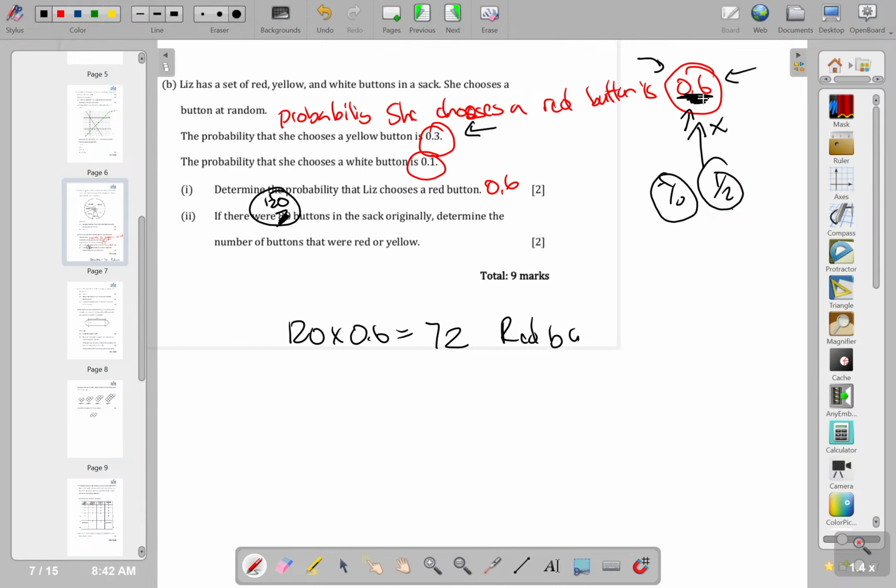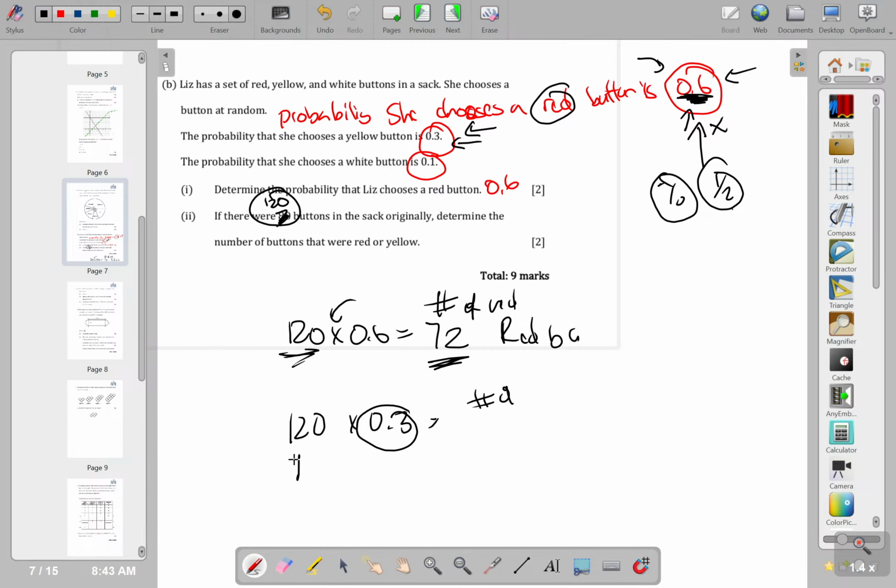So 60% or 0.6 is the probability. That means 0.6 needs to get applied, multiplied, to the total. That's going to reveal the number of objects that are that. So this was the probability of a red button, and this is going to give me the number of red buttons. So 120 times 0.3 will give me the number of yellow buttons, because I'm applying the chance onto the total.